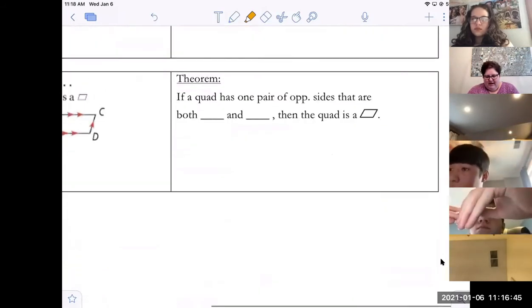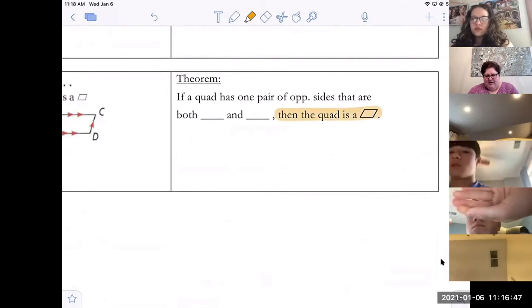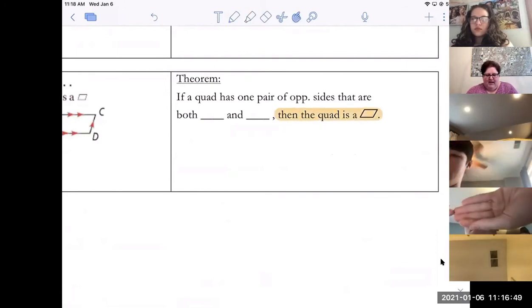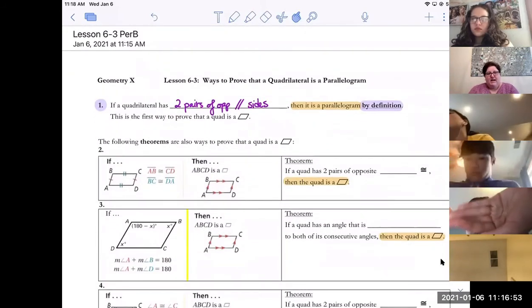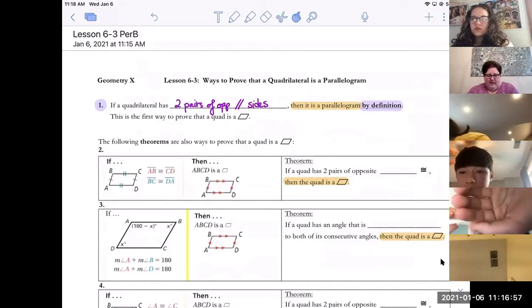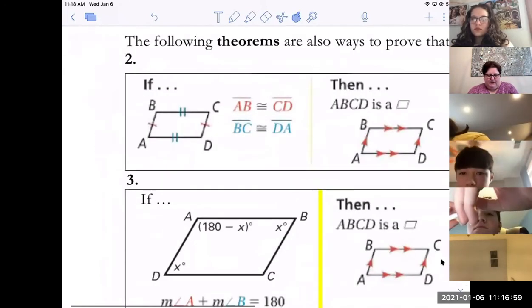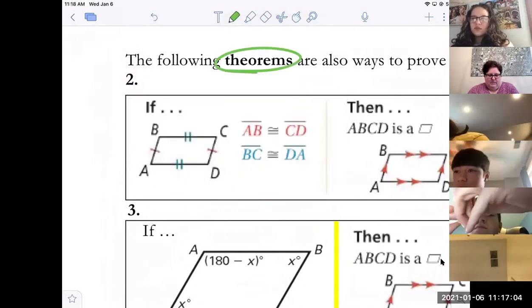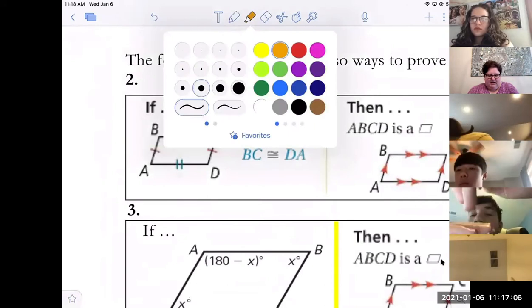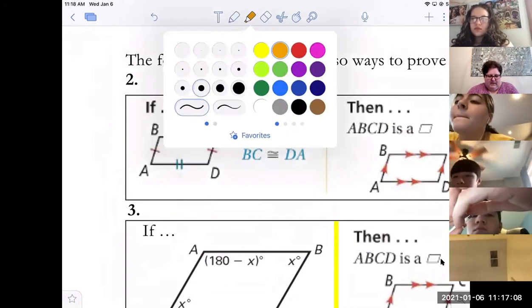The idea being all of these are going to start with some kind of property and end with "then the quadrilateral is a parallelogram." These are all going to be theorems. So the first one's the definition. All of the rest are theorems.